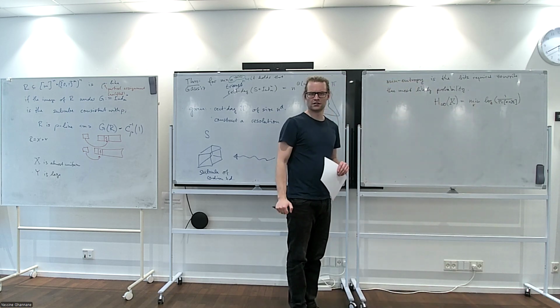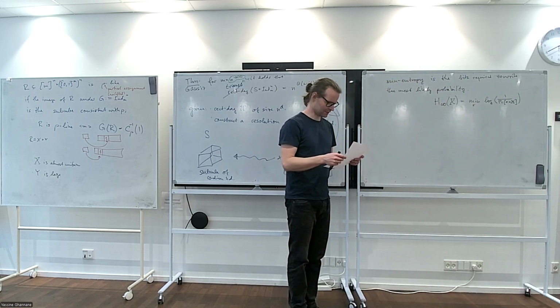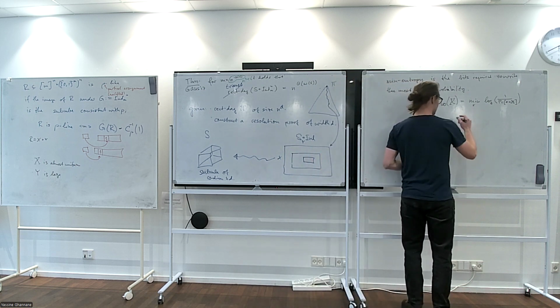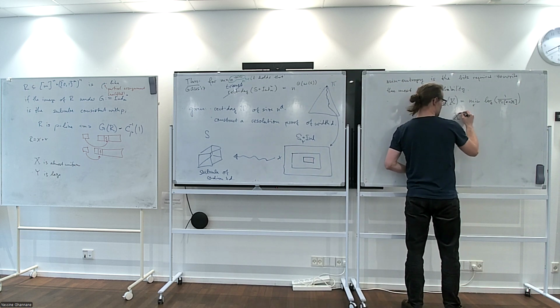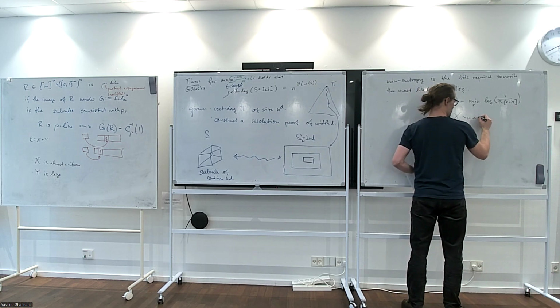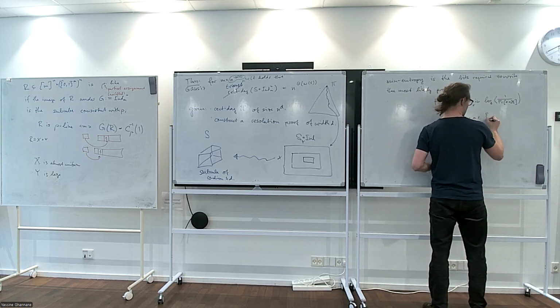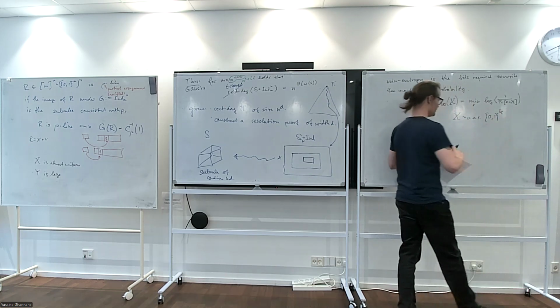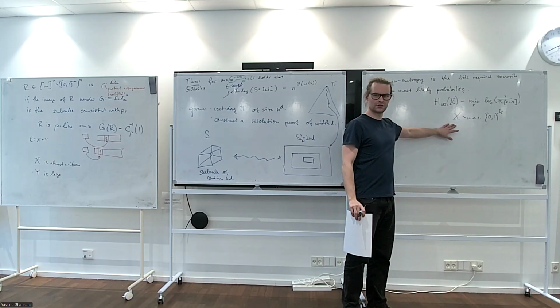Okay. So I don't know whether you have all seen this before. Let's just see. If x is uniformly at random from {0,1}^k, what is the min entropy of this variable?